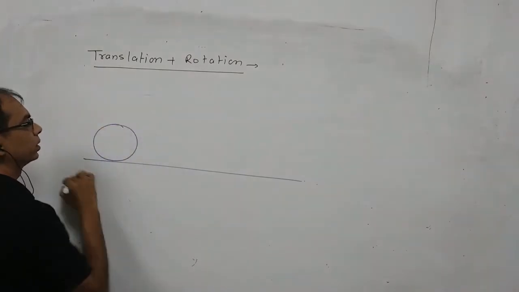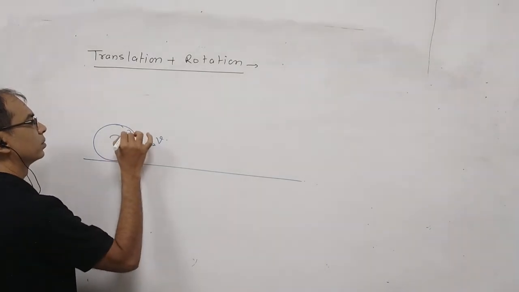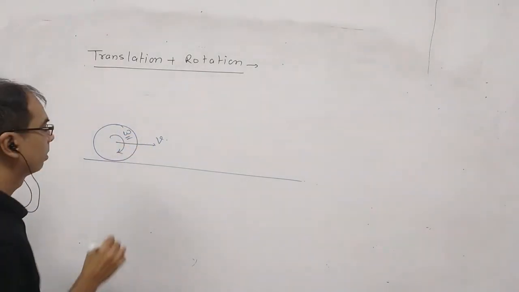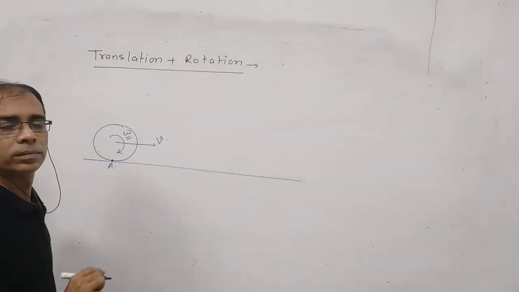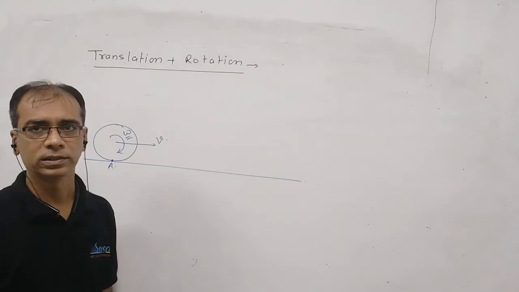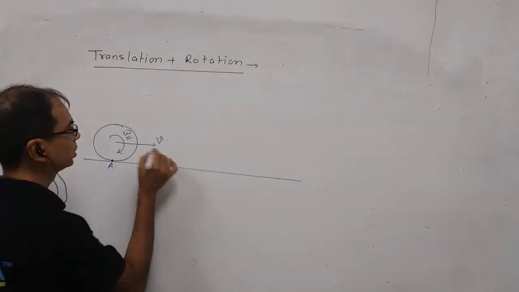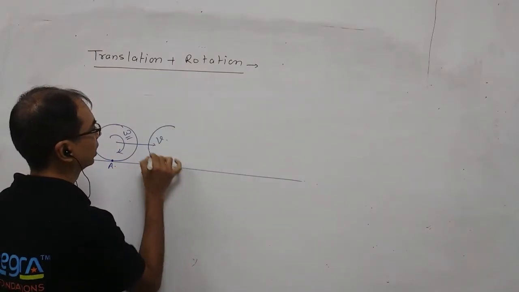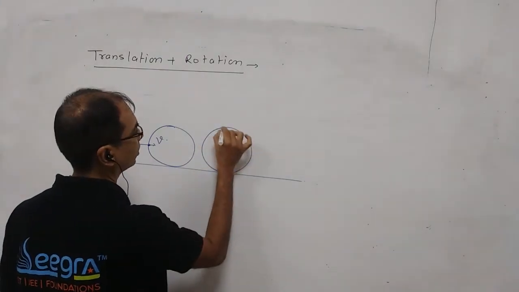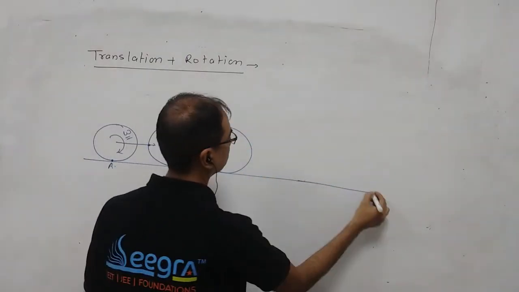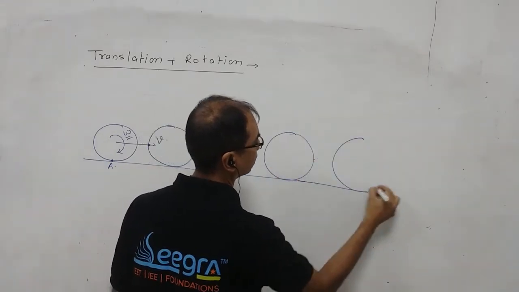This is a wheel moving in this direction with V, and at the same time its angular velocity is omega. Now this particle here, how much does it move in one rotation of the wheel? That is the question. One rotation means the next instant particle A is here, then after that particle A is here, then particle A will be here, and then finally particle A will reach here.